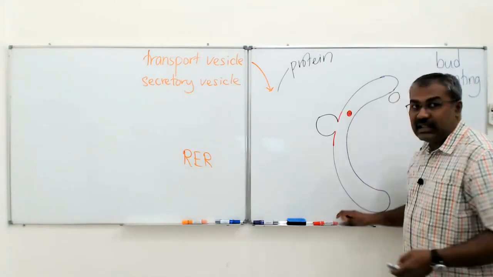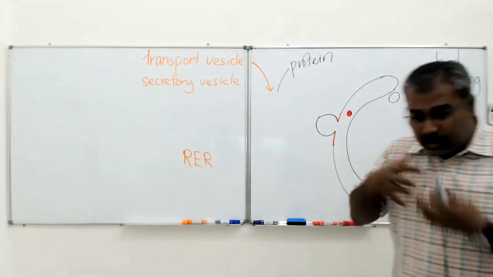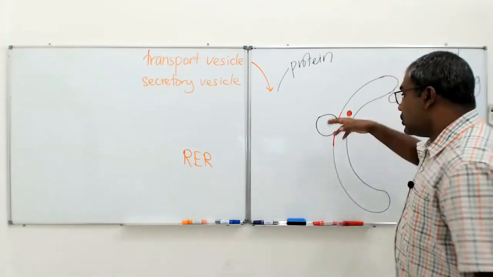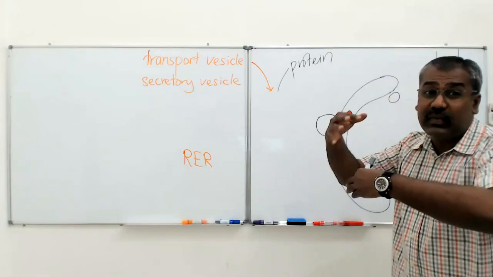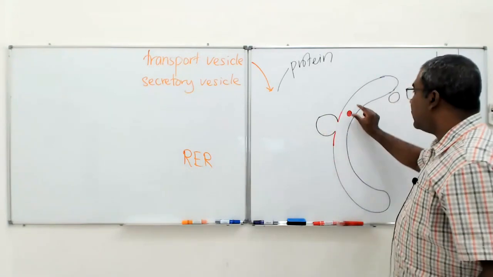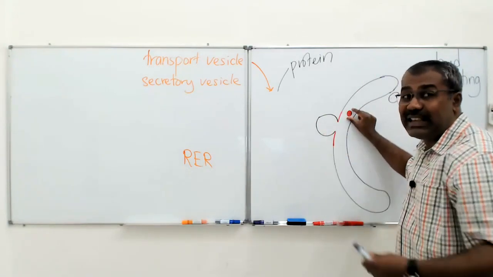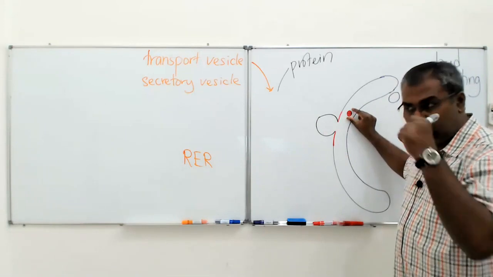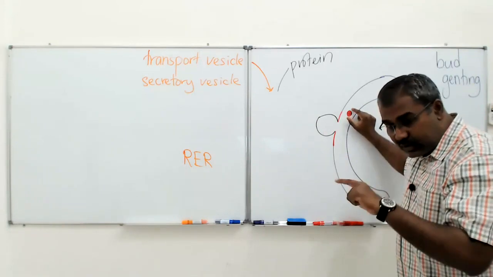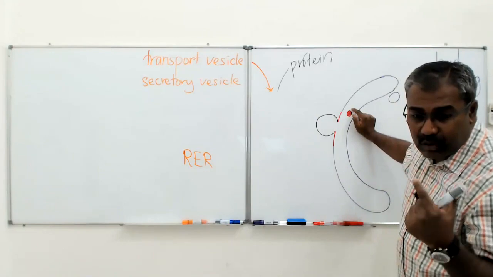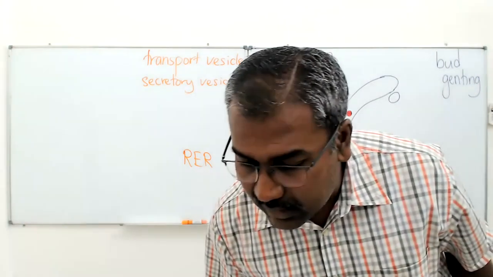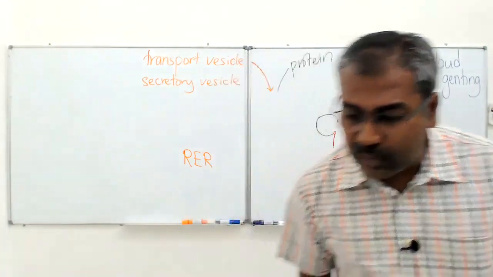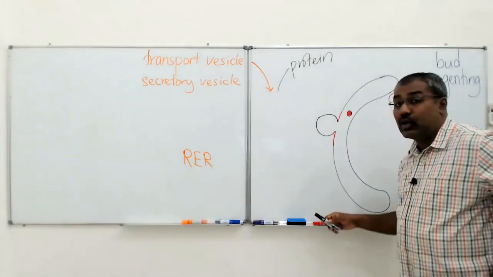Ini fungsi pertama Golgi. Dia akan proses protein tadi dan ubah suai, modify it to become enzyme. Ubah dia jadi enzim. So process and modify. Selepas tu dia akan pack and transport, membungkus dan mengangkut.